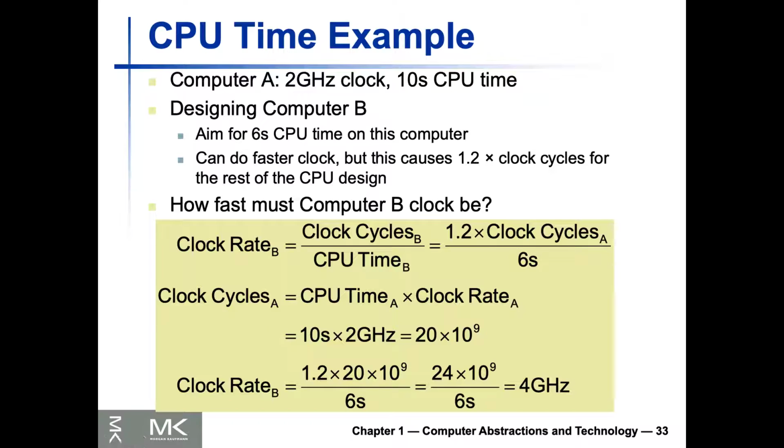And then, by the time we calculate the clock rate of the new computer, we see that in order to offset this and make it faster from 10 seconds to 6 seconds, given the other constraints, we need a processor that works at 4 gigahertz.